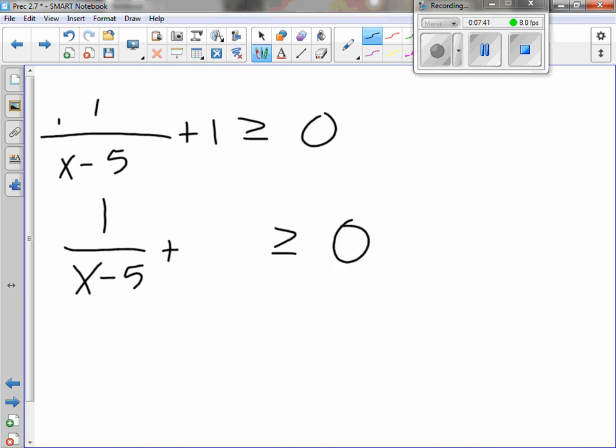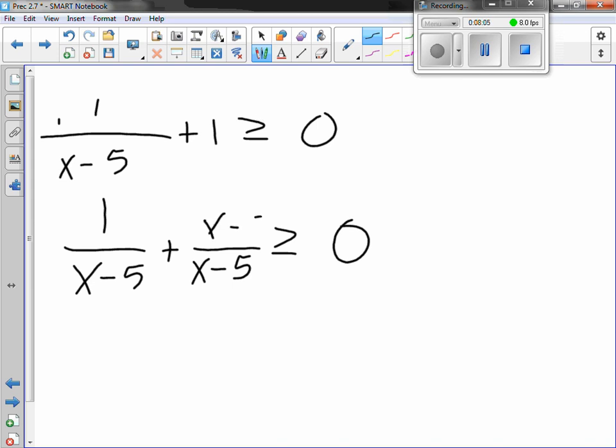Let's just assume it's not. The only way I can add or subtract fractions is if the denominators are the what? Same. So I have to change 1 to have a denominator of x minus 5. So how could I make the denominator x minus 5? So the numerator would be what?